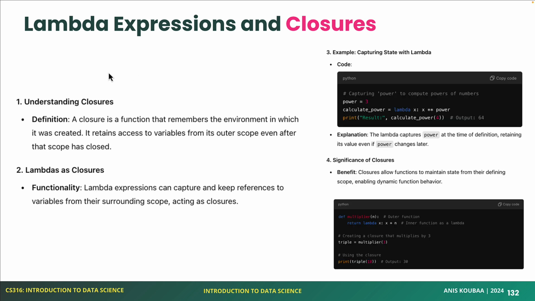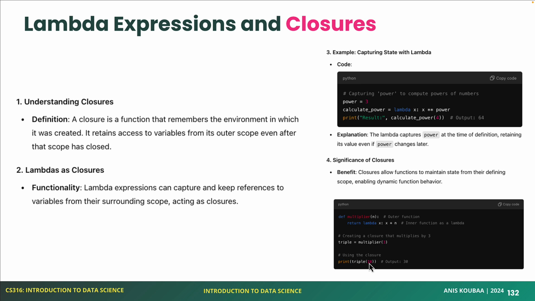And we can define a lambda expression as a closure as well. Look now, calculate power, lambda x. So x is the local variable, the argument, but I'm going to raise x to the power. Power here is not defined in this scope, it is defined in the outer scope. So this is equivalent. Now, if you want to do it without a lambda expression, you can define a function called multiplier, then define triple, and you can call triple(10).